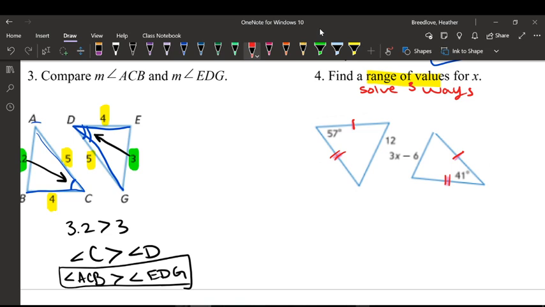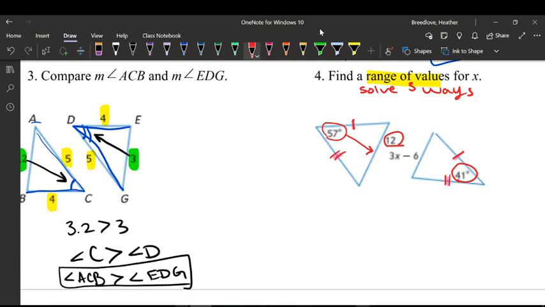And the x is on a side. I know the information about the angle. So I compare the angles. 57 degrees, 41 degrees. So 57 degrees is my larger angle. So it's going to be across from my larger side, and that has a side of 12.